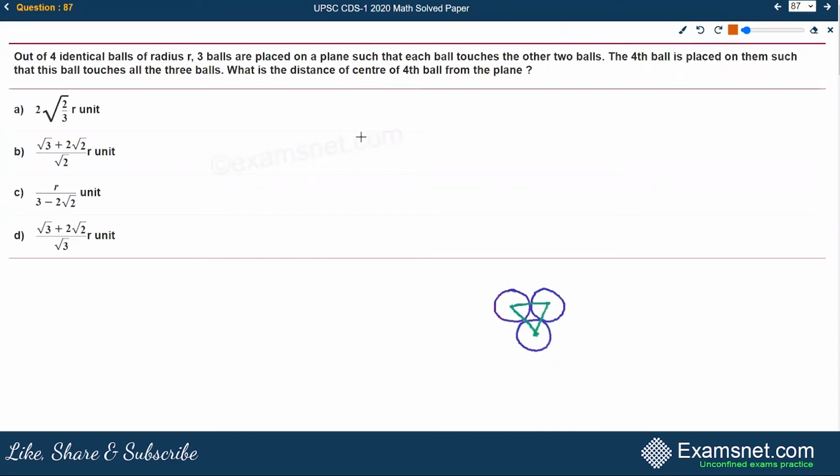In question number 87, we are given out of 4 identical balls of radius r, 3 balls are placed on a plane such that each ball touches the other 2 balls. Look here, I have already drawn a figure. These 3 circular shapes are touching each other. The 4th ball is placed on them.